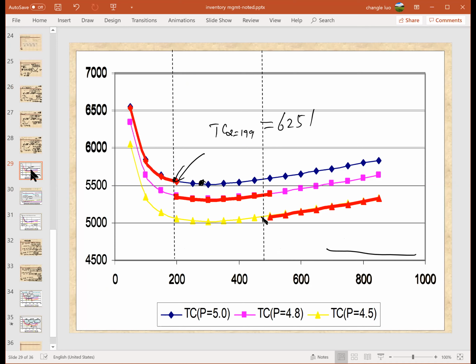Okay, this is the first, between 1 to 199, that's the first minimal, 6251.